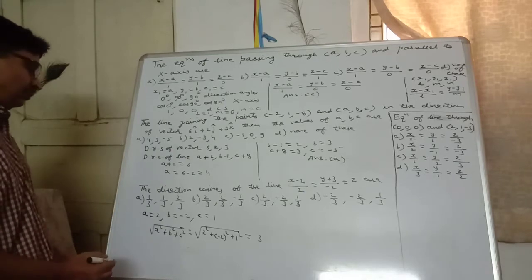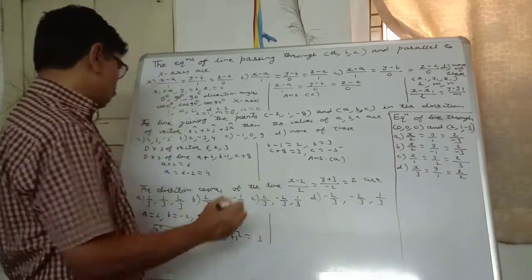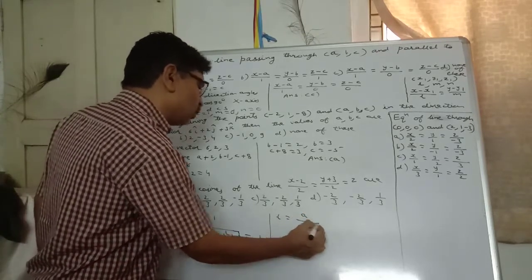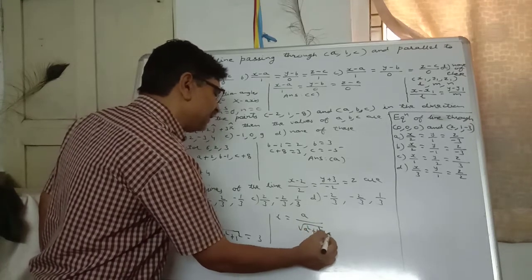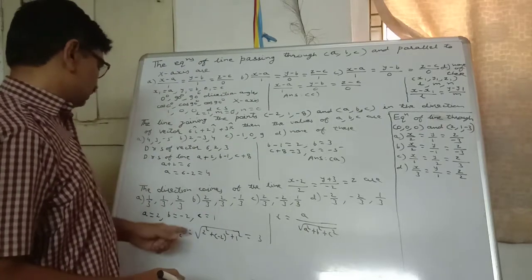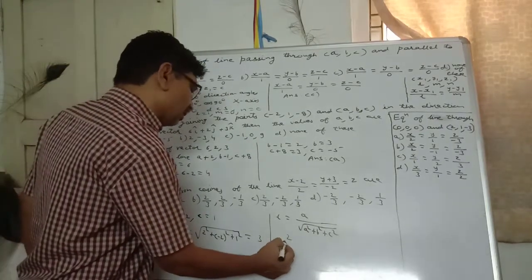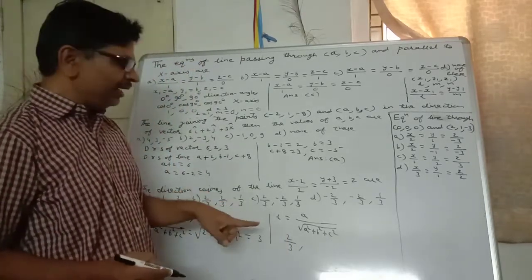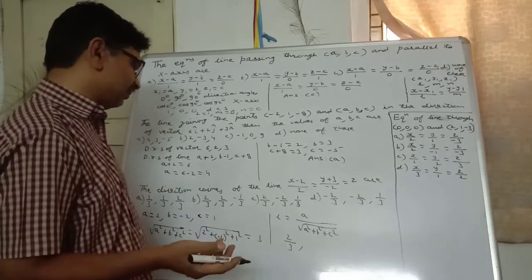Then the direction cosines are given by L equal to a upon the square root of a square plus b square plus c square. a is 2. So we get 2 by 3. Then M equal to b upon the square root of a square plus b square plus c square.